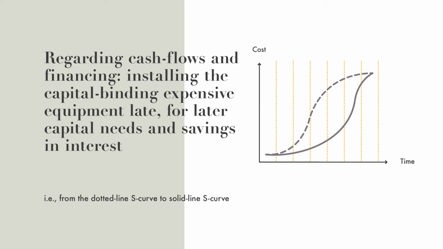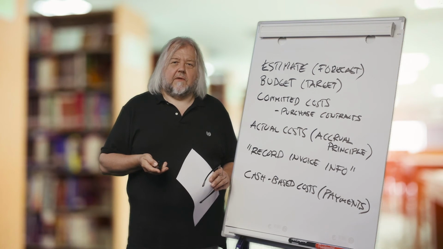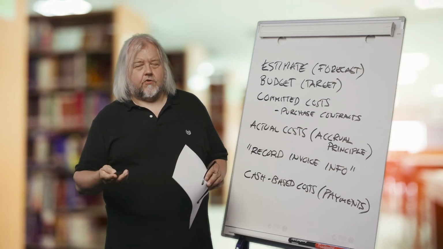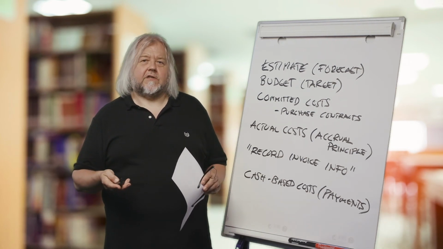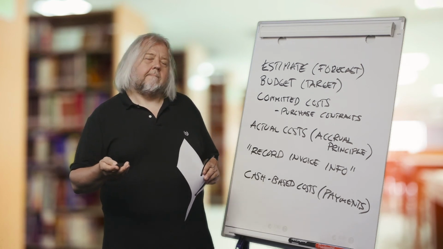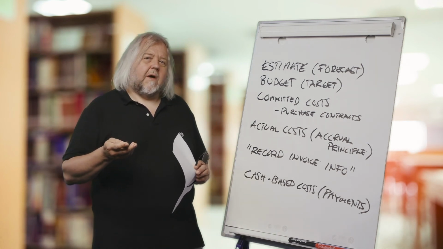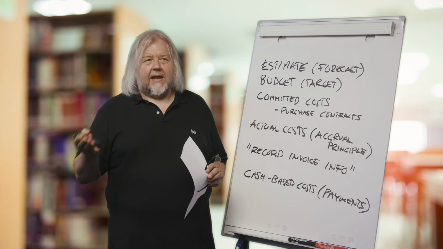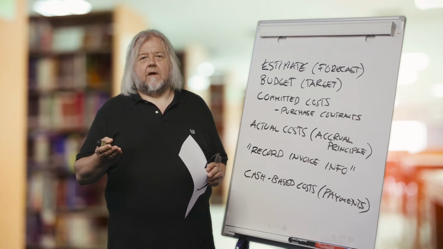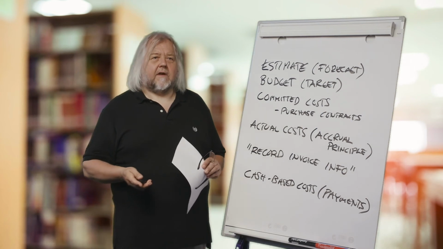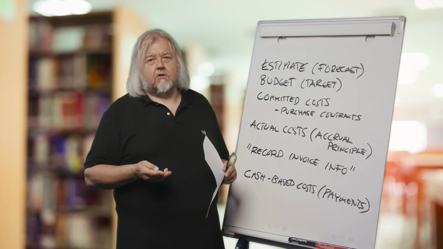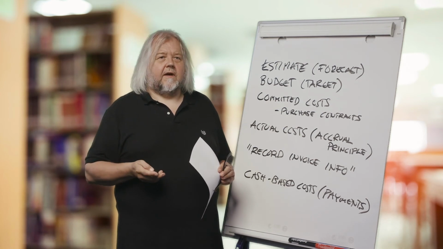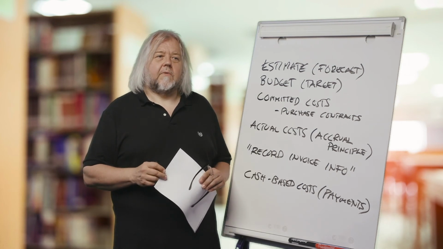And there is this principle that is called fast tracking, that was introduced in very capital-intensive industries doing large projects, where the ideal is to do the capital-binding expensive equipment rather late, so that the capital needs come late, and the savings in interest are also a benefit from doing the costly things in the very late phase of the project.